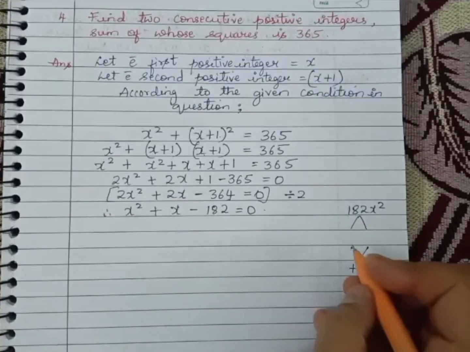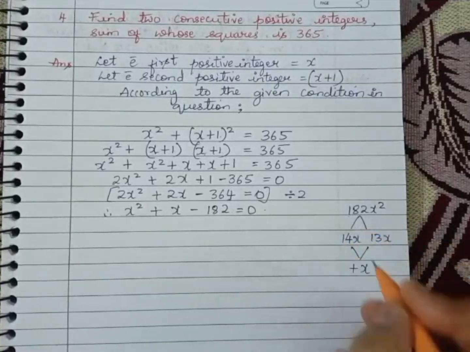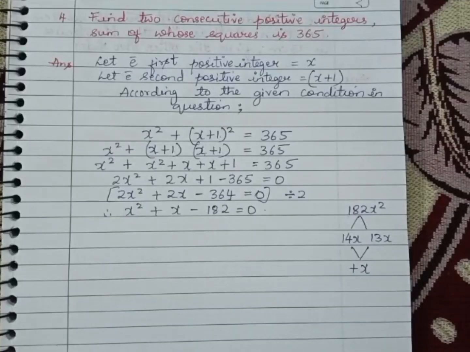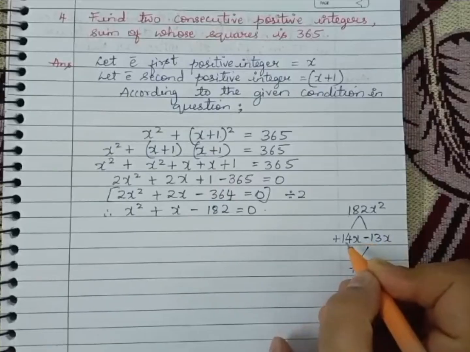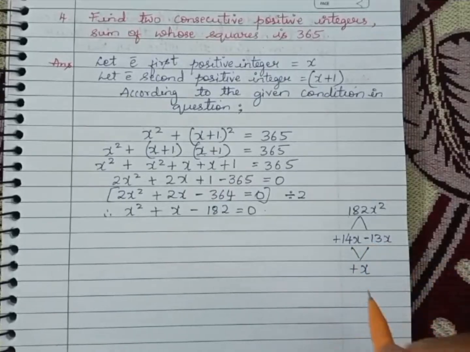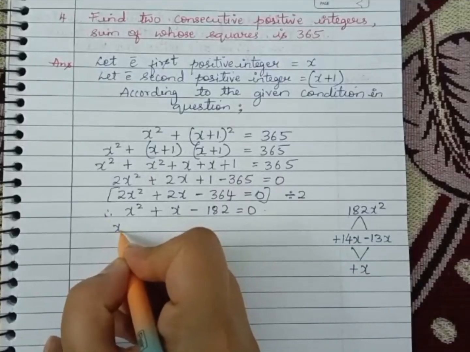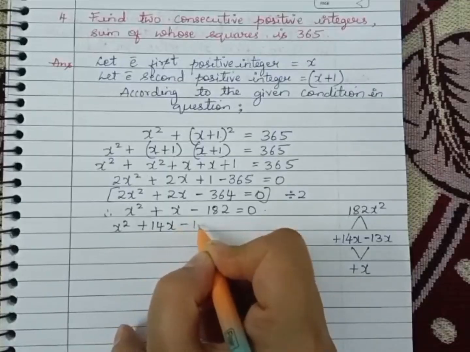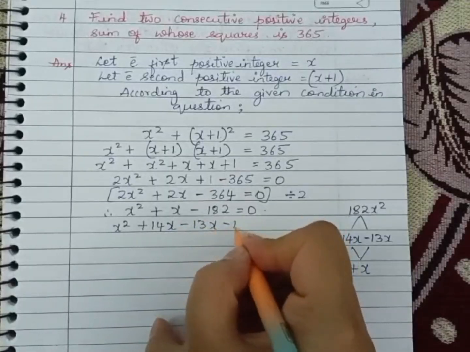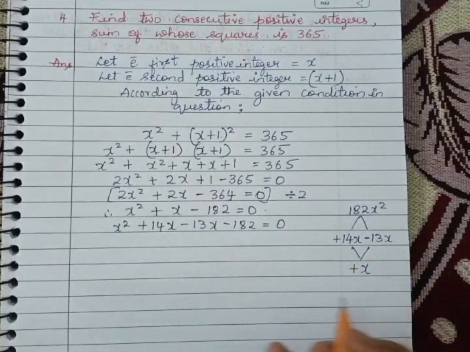Now 14 into 13 is 182x square. So here it is plus, so 14 minus 13 is 1x. Now x square plus 14x minus 13x minus 182 is equal to 0.